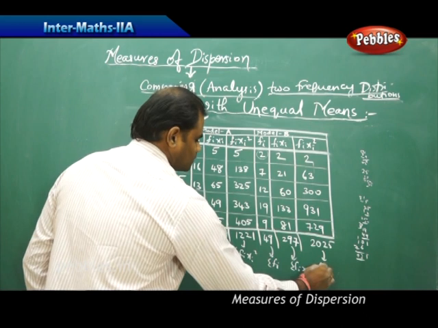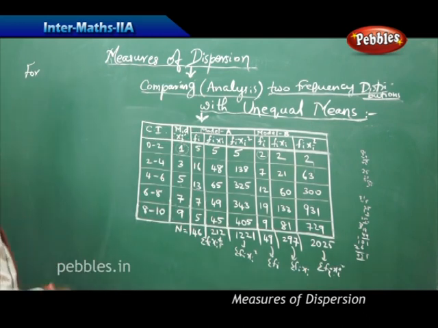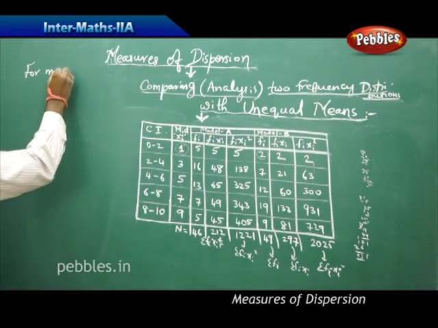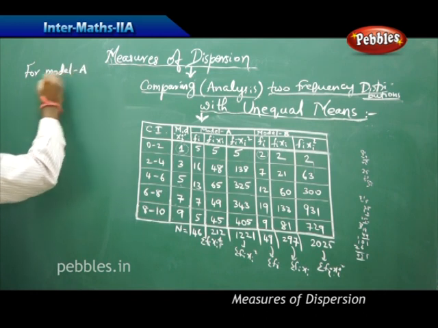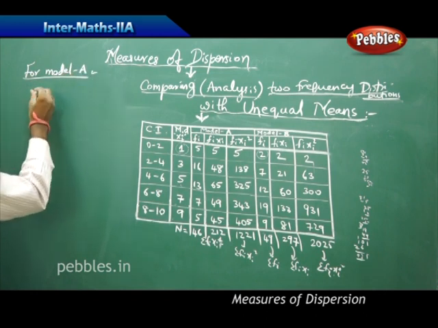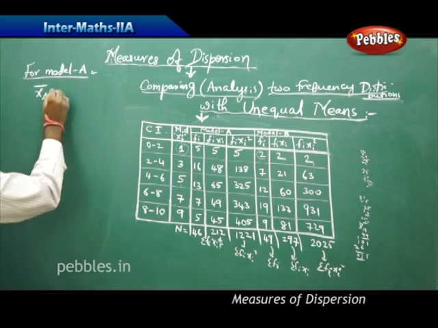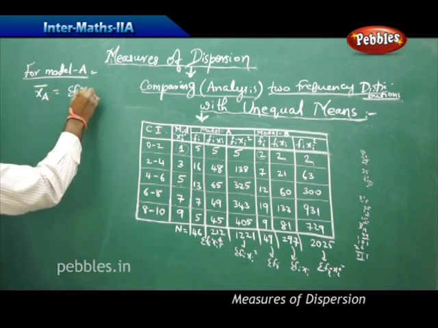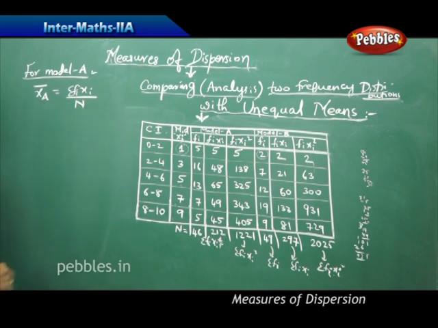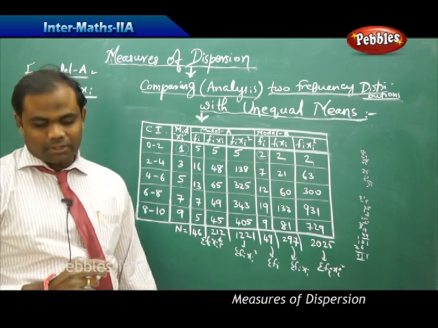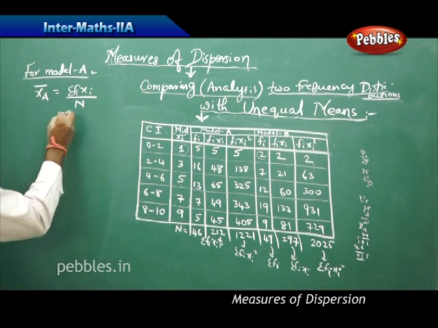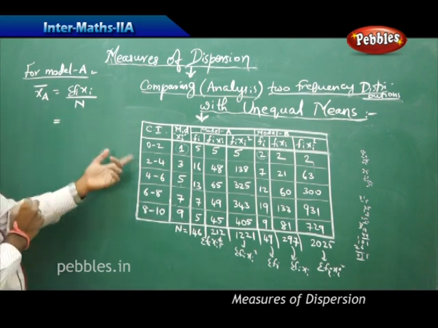So here for model A, I would like to find the mean. The mean of model A, x A bar, is given by sigma fi xi by n, that is sigma fi, where i runs from 1 to n.